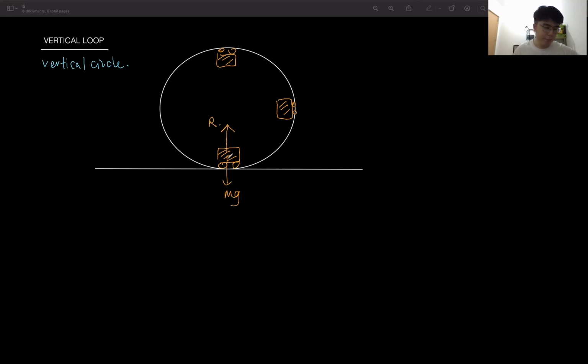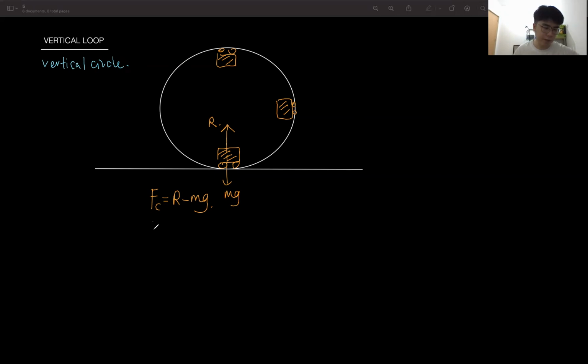From here, at this point, the centripetal force Fc equals, okay, R is bigger than mg, so the centripetal force equals R minus mg. You should have a resultant pointing to the center, R minus mg.